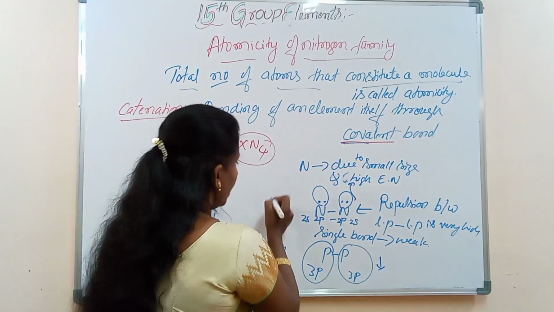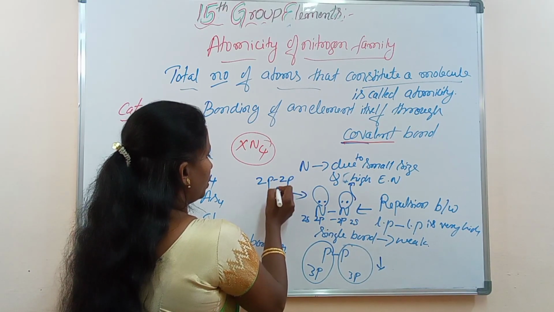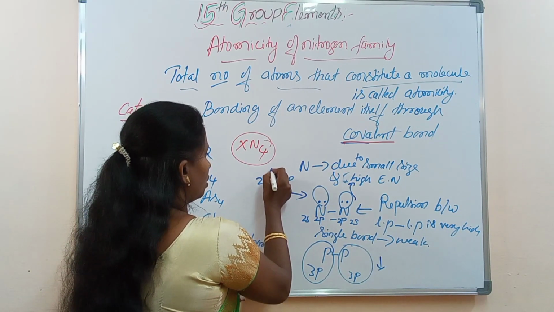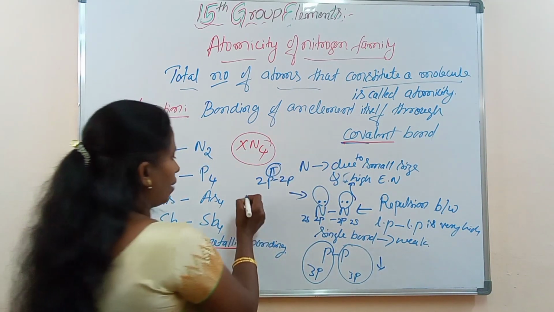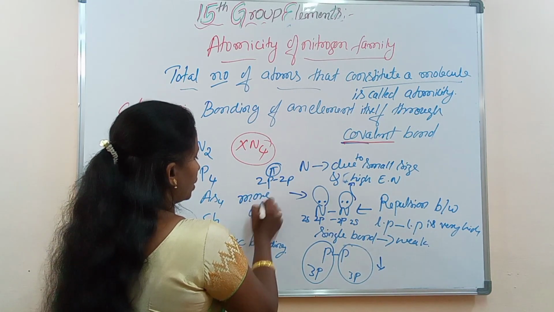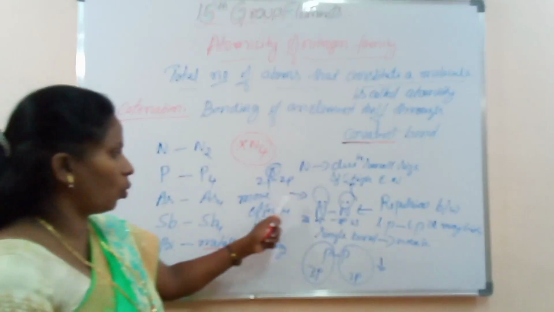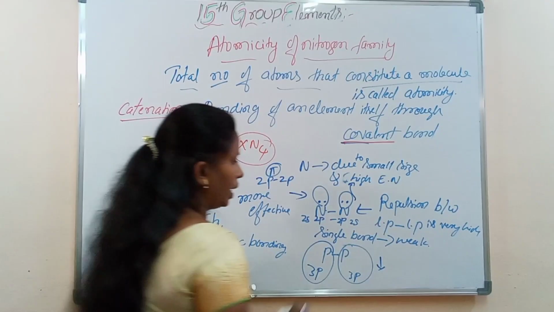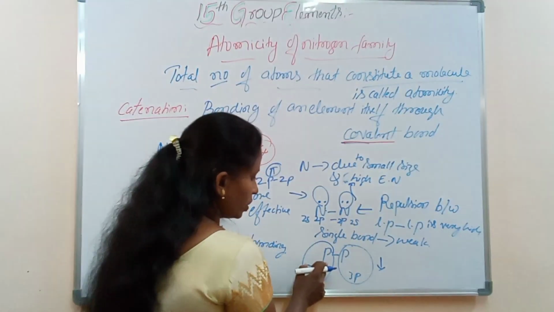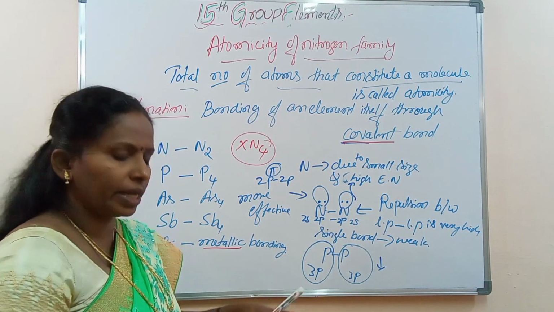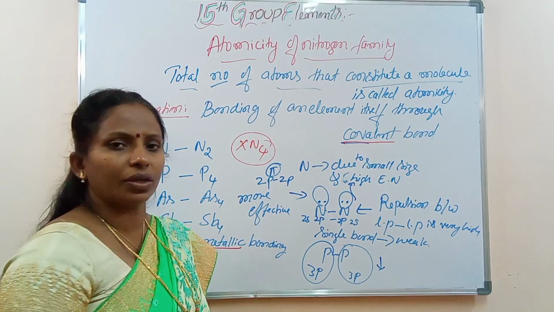And so what will happen? The 2p overlapping to form pi bonds is more effective. The pi bond is more effective, more overlapping we observe in case of nitrogen. Overlapping is very high, but in case of phosphorus p orbitals, the size is very large and overlapping is less effective.